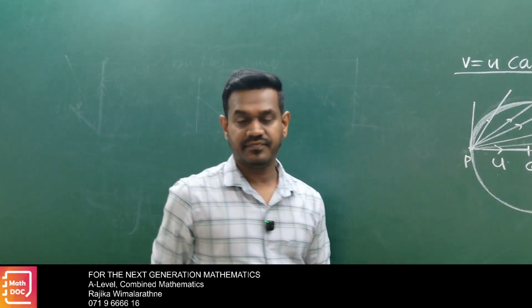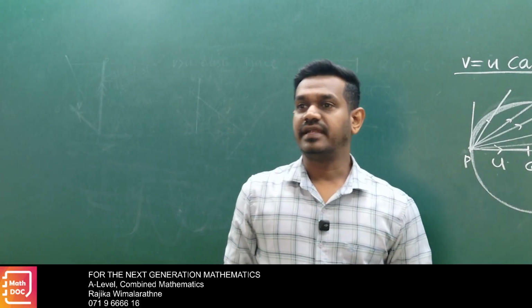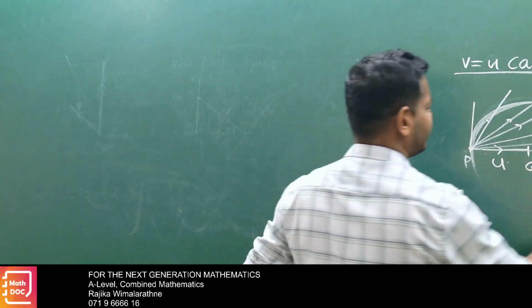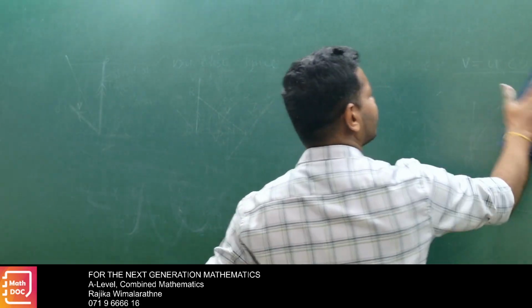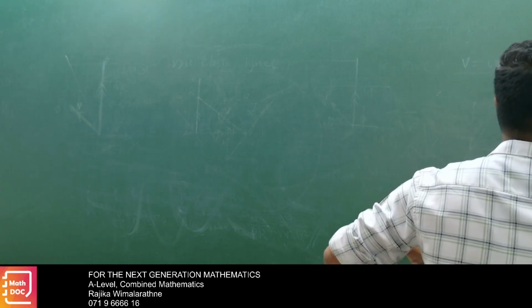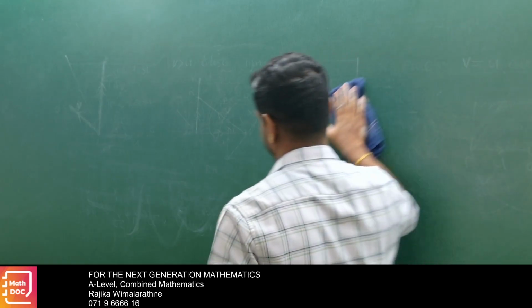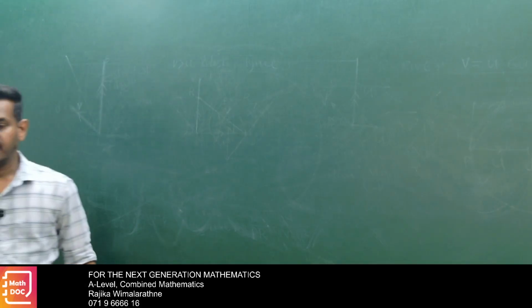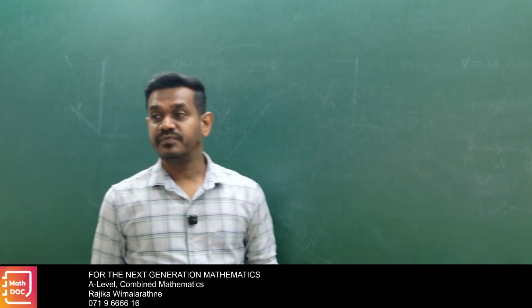Okay, just write, let a river with velocity u parallel to the banks.